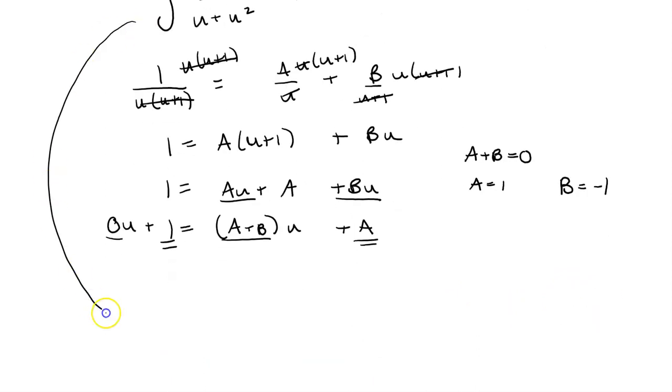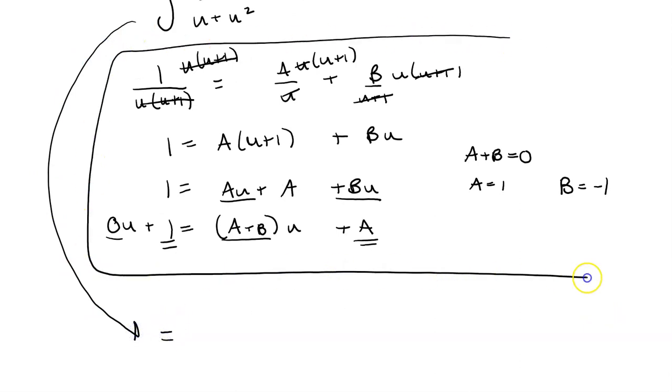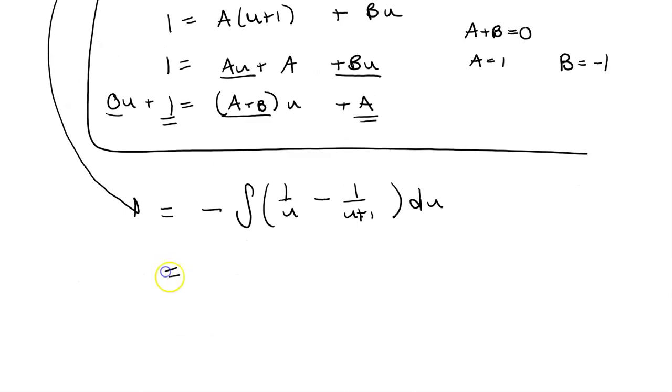So my integral now, this is kind of my scratch work out here, would be the negative of the integral of 1 over u minus 1 over u plus 1 du, which is negative integral of 1 over u du plus the integral of 1 over u plus 1 du.